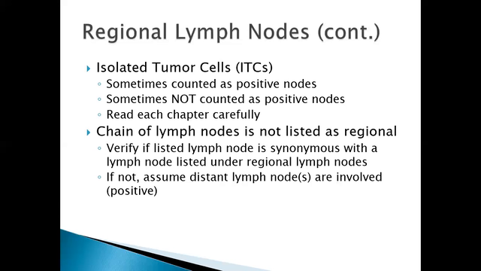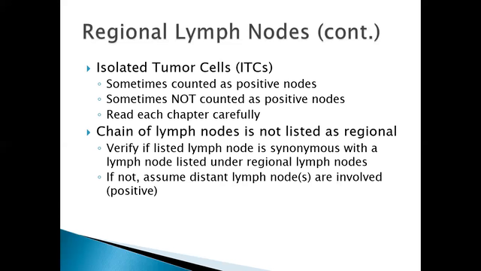If the chain of lymph nodes is not listed as a regional lymph node in the SEER summary category, first verify that the chain of lymph nodes, or the lymph nodes that were removed, aren't a synonym of a lymph node that's already listed.